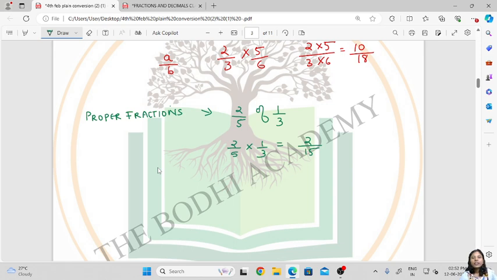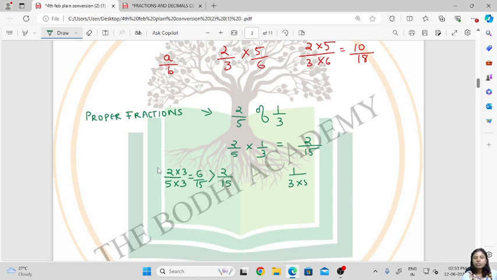Now let's try to compare this answer with each of these fractions. So now we know when we have to compare, we have to make the denominator same. So here we already have 2 upon 15. So here we'll write into 3, which will give us 3 2s are 6 upon 15. So now see here that 6 by 15 is greater than 2 by 15. Now let's do it for the other one.